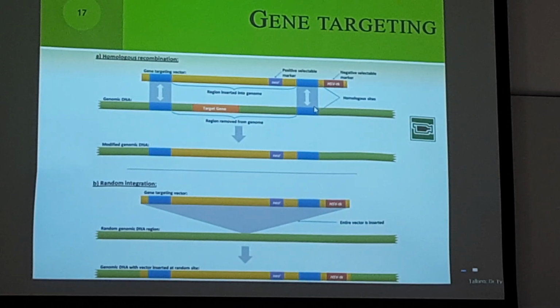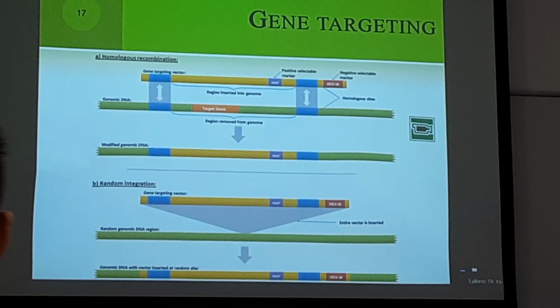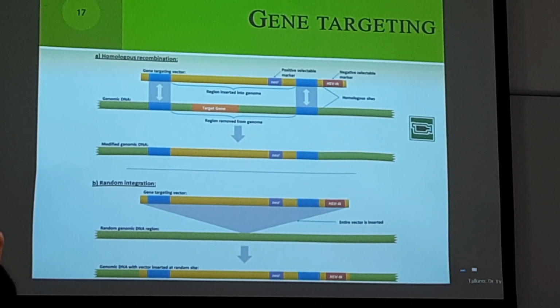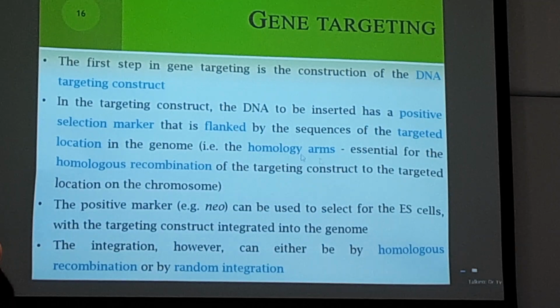How to target the gene to be modified and how to really modify it is by doing this homologous recombination. So we bring the new gene very close to the original DNA of the organism, and then we design the gene. This is designed by us, so we have to design some portion of it to be complementary with the original genome DNA, and this is the so-called homology arms.